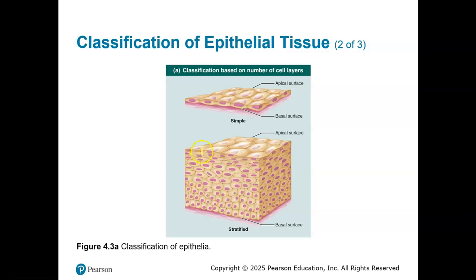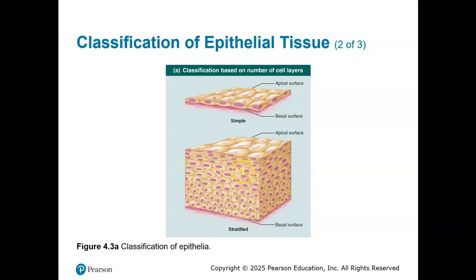In stratified squamous, you can see that the closer the cells are to the top, the flatter they are. The ones on the bottom row, or the basal, these are actually called basal cells. These basal cells are actually more cuboidal in shape.